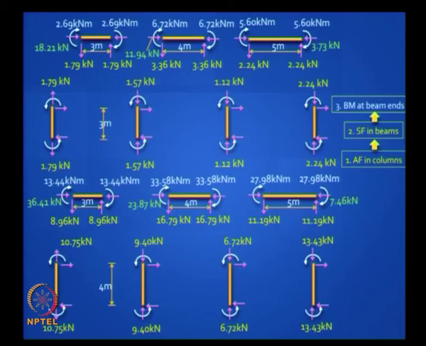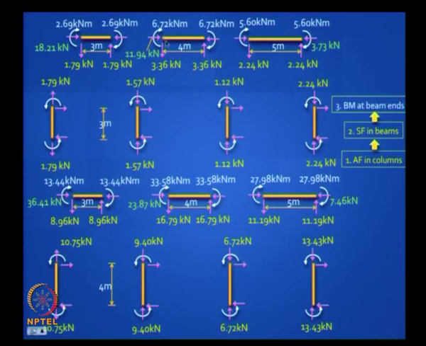Please note the big difference between the portal method and the cantilever method: here every beam in every bay will potentially have a different end moment, not like the portal method. Is it clear? Earlier you had to calculate only one beam end moment and the same thing spilled over everywhere.